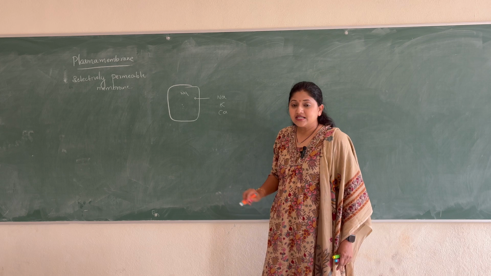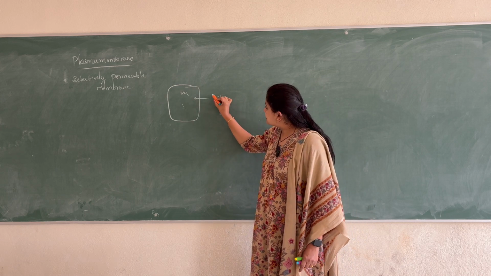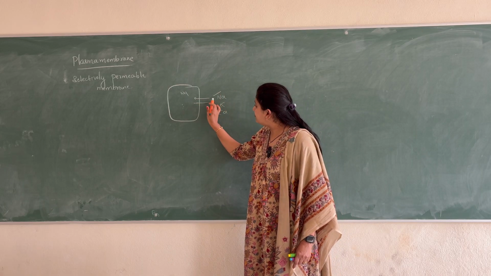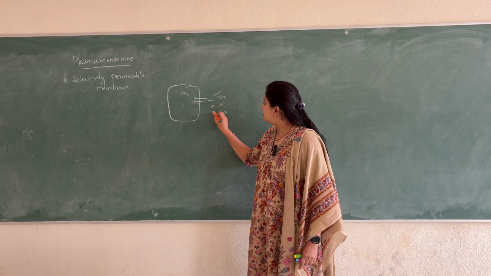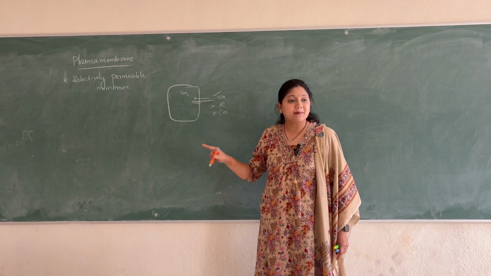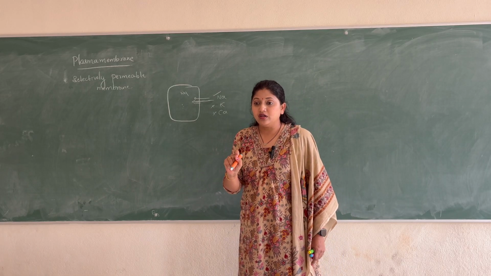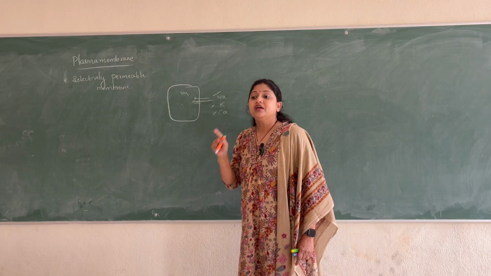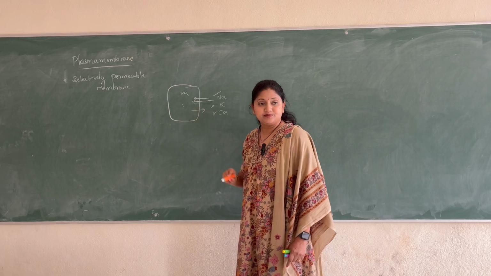In that case, the plasma membrane out of these three will select only the sodium and permit its entry, whereas the potassium and calcium are not permitted. So, it selects the molecule which has to enter the cell. At the same time, it selects the molecule which has to go out of the cell.